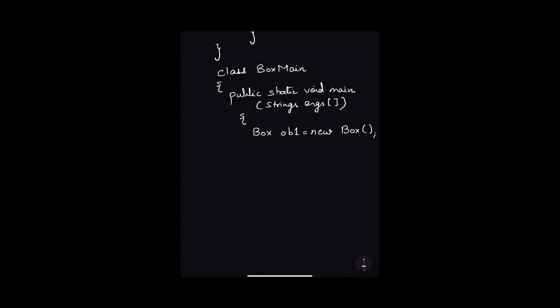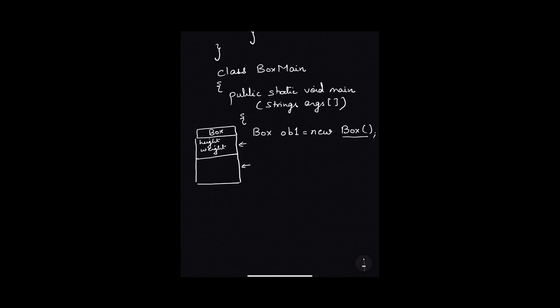So what happens as this box constructor is called, an object is made having a similar template as that of the class. Since the class name is box, the template will have a name at the top. There will be two sections. One will be for the variables, another will be for the methods. Since I have two variables, both the variables will be assigned to this object.